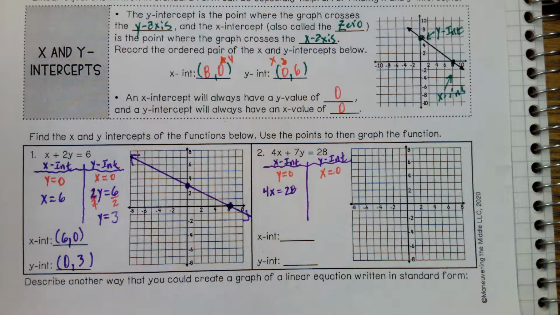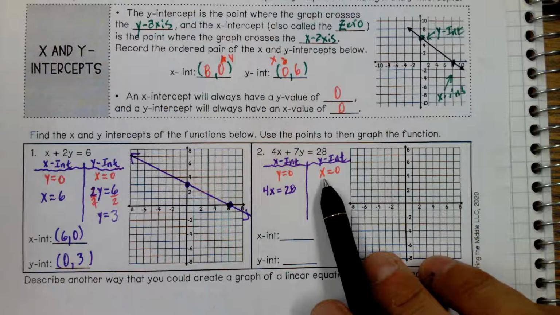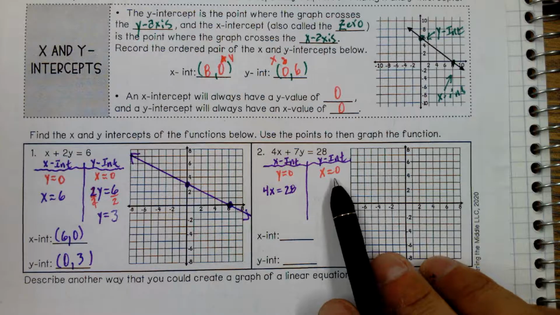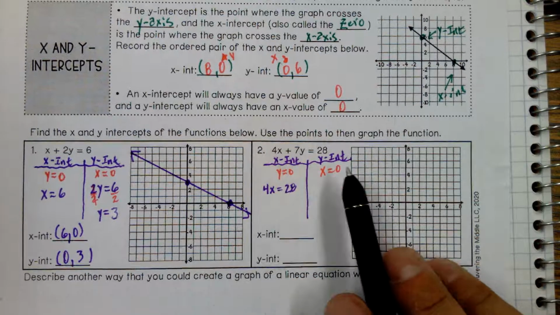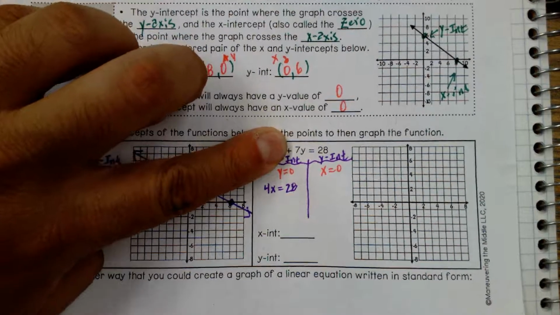Okay. And do the same thing. Replace x with 0 to find the y-intercept. That would get this to go away, and you'd have this equation left.